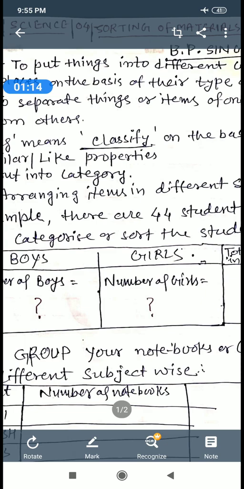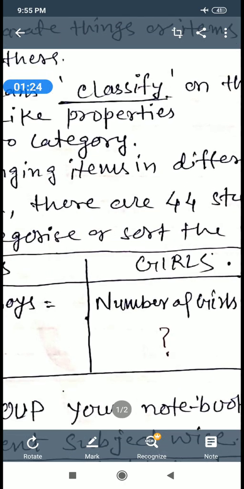For example, there are 44 students in your class, that is 6A.